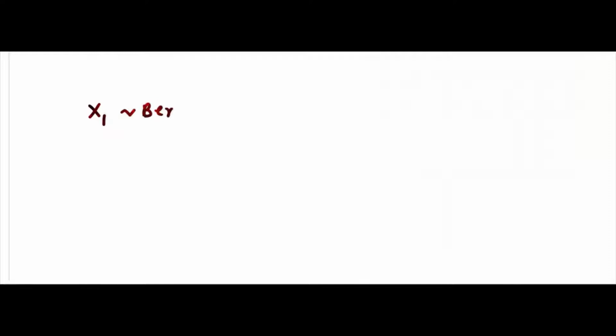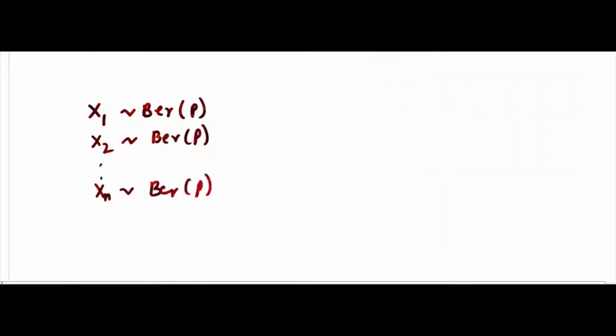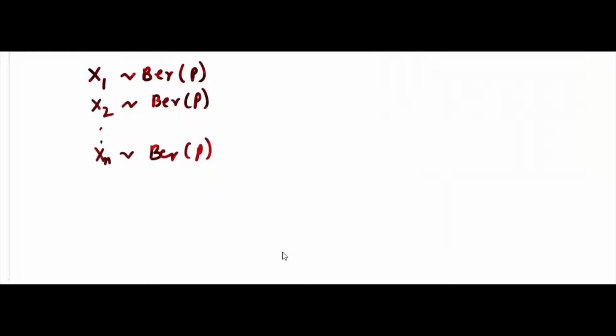You know the Bernoulli distribution? x1 from Bernoulli p, x2 from Bernoulli p, and xn from Bernoulli p. If I find the sum of all these, that is x1 plus x2 plus xn, then I will get a binomial distribution. X will follow binomial n, p.